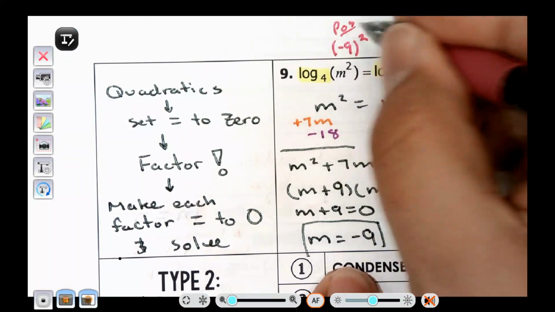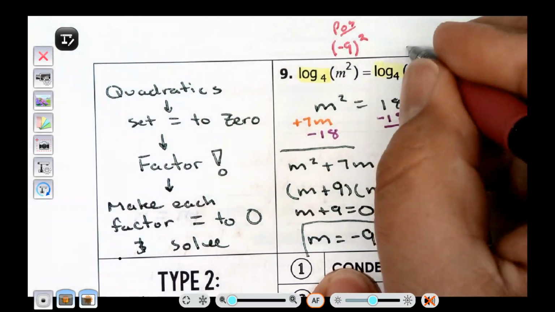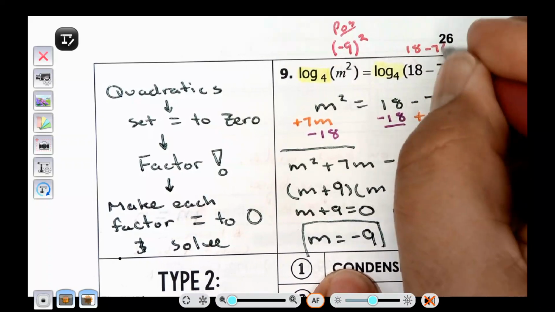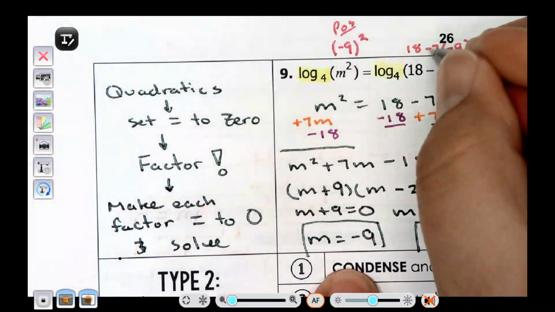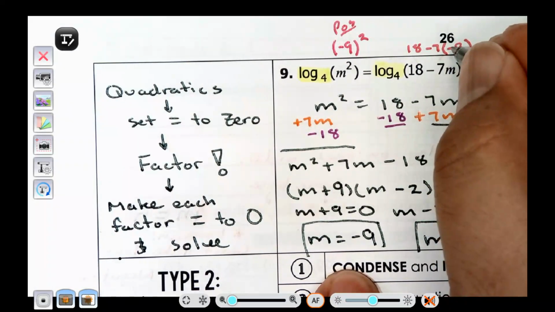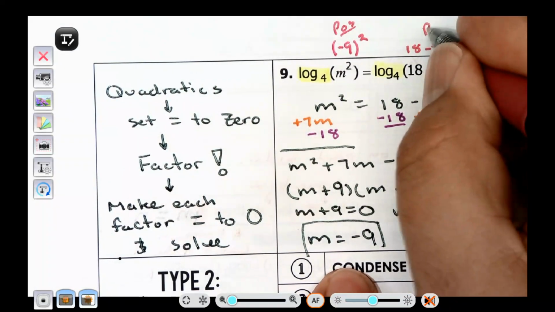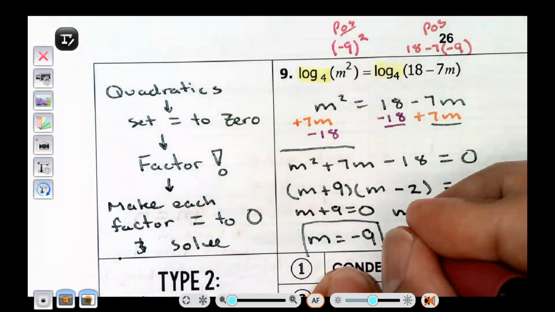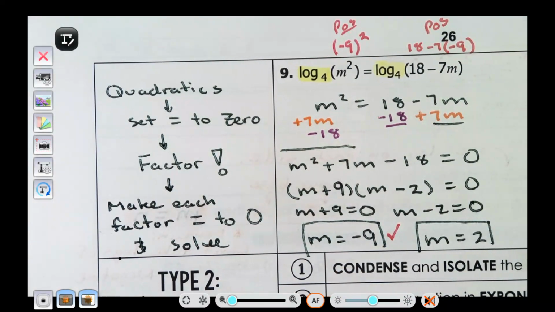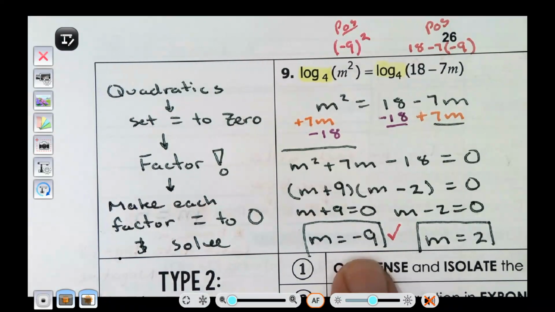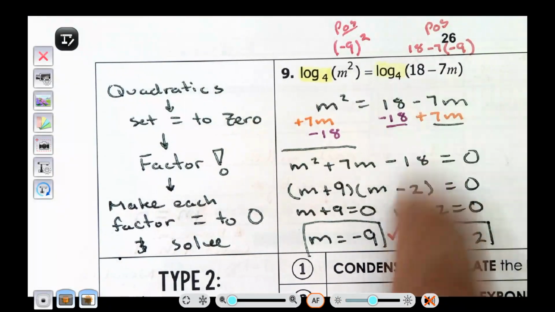So I'm okay there. But then when I put that in here, 18 minus 7 times negative 9, well, the negative becomes positive, and then you're going to join it with 18. All of that is positive. Then that one works. So I'm good with keeping the negative 9. That's why I told you earlier, just because your answer is negative doesn't mean it's completely out. It could still work, and it does.